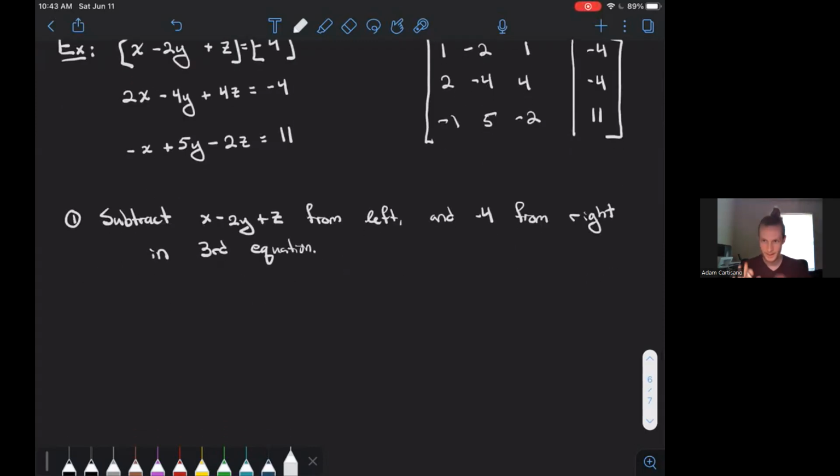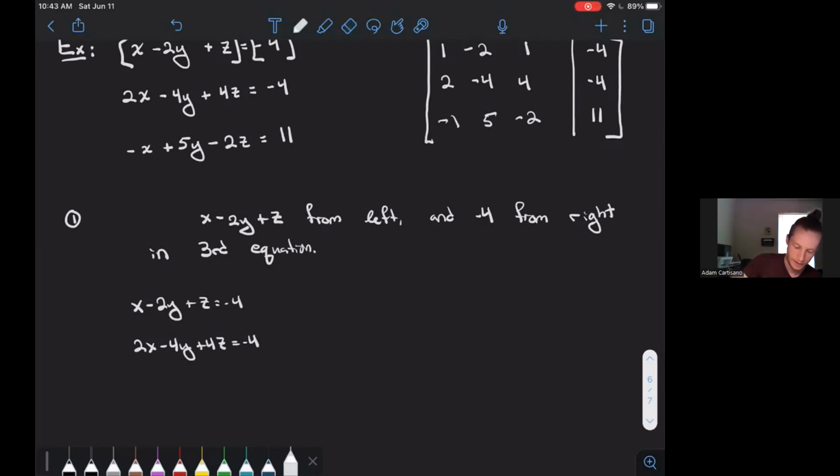When I do, the linear system becomes the following. x minus 2y plus z equals -4. 2x minus 4y plus 4z equals -4. And then, sorry, what am I doing?